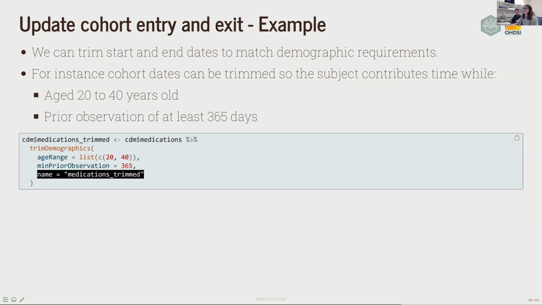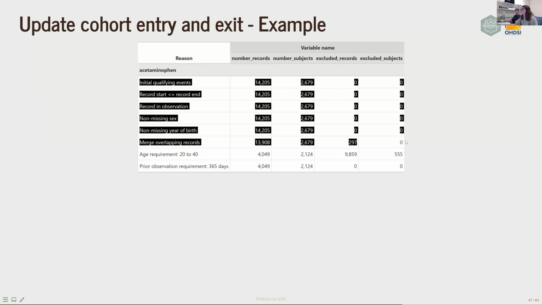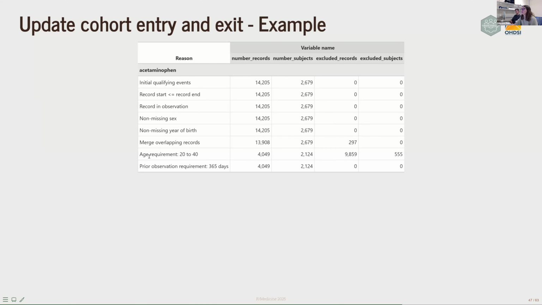And same as before, we give a new name because we don't want to overwrite the base cohort. And if we now look at this new attrition, we see this is the base cohort, and these are the trimming requirements applied.